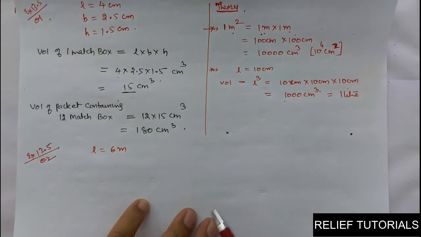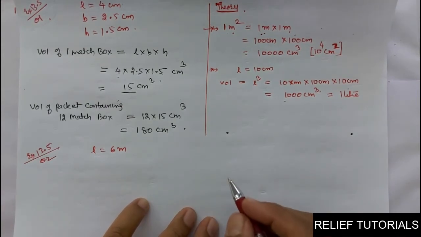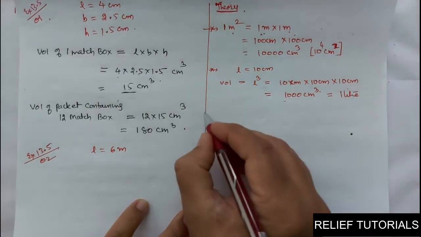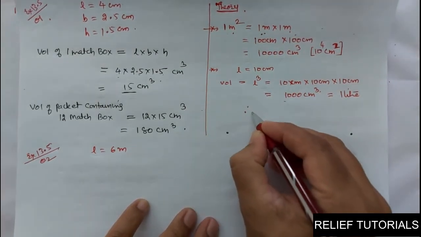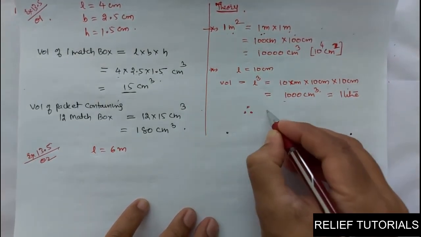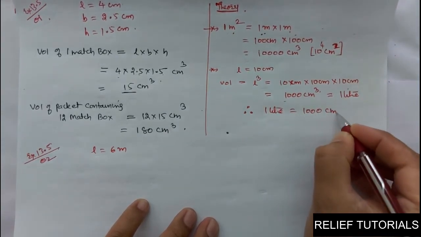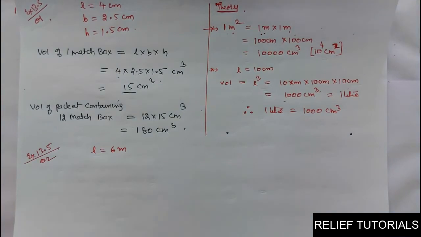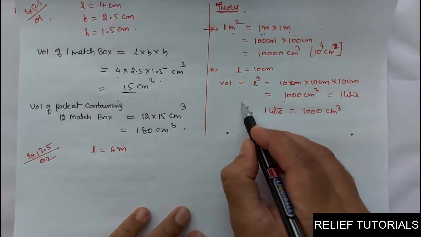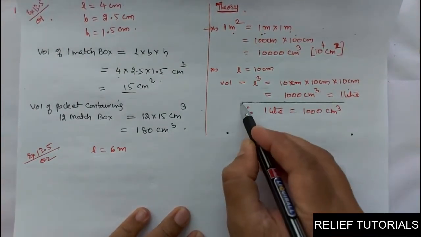Therefore 1 liter is equal to 1000 centimeter cube.